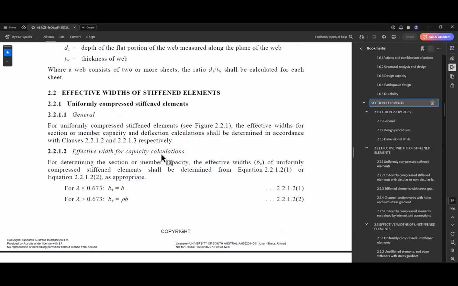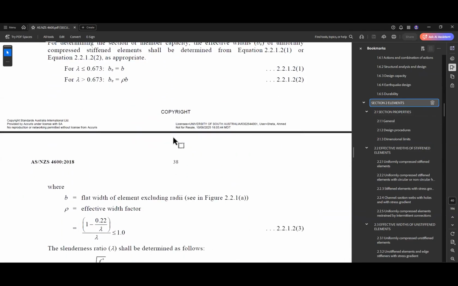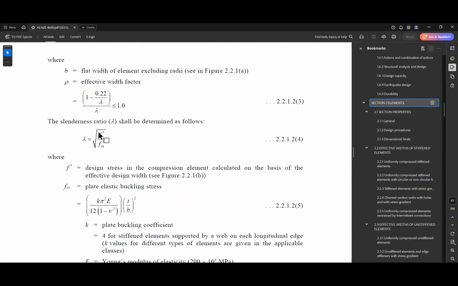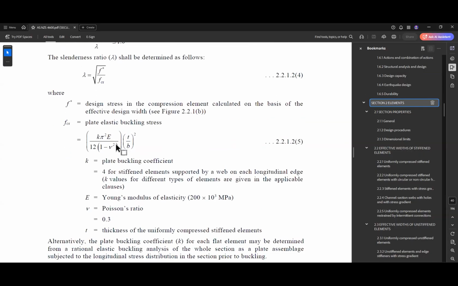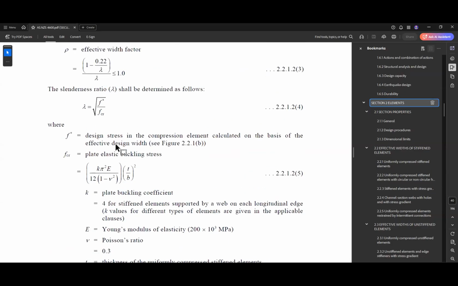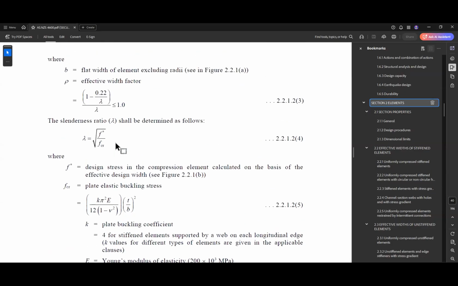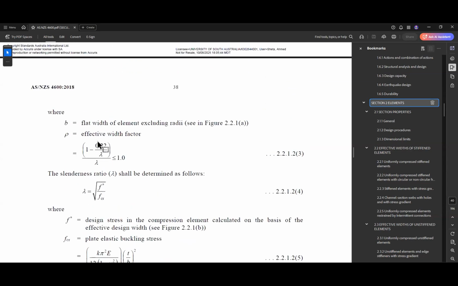So we will need to use this section to find the effective area. So we need to find firstly the slenderness ratio of the member, and then we decide based on lambda. So we can find rho, then we know how much of the section or the area is effective and how much is not effective.